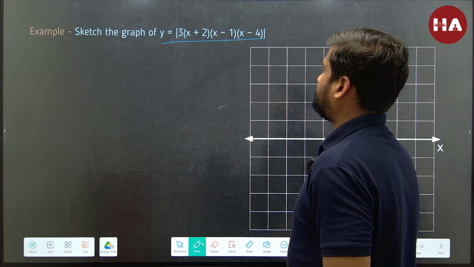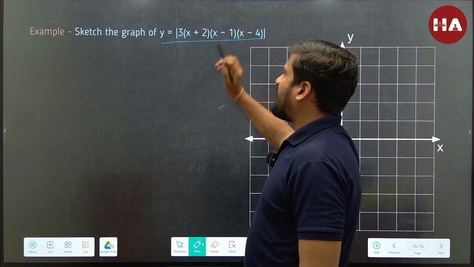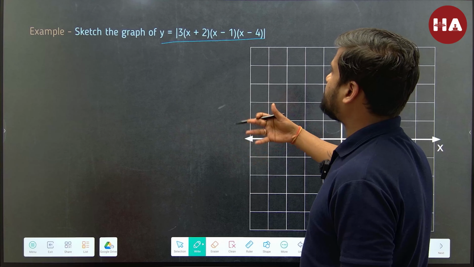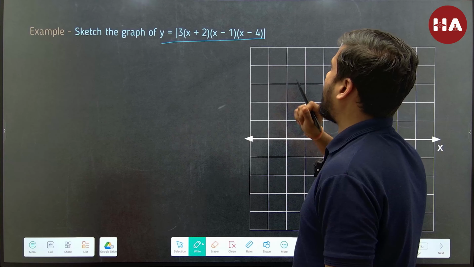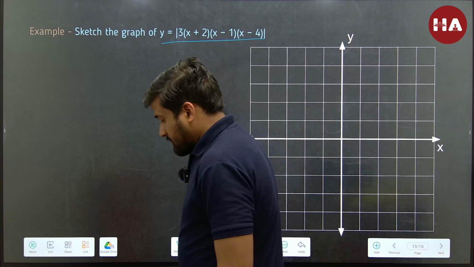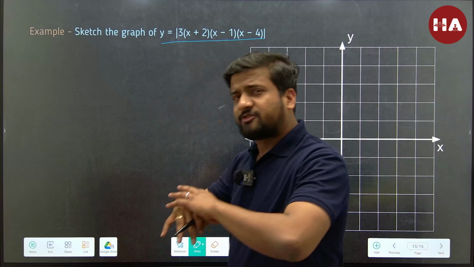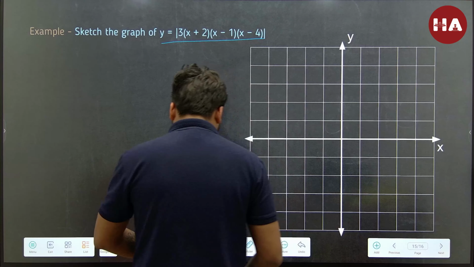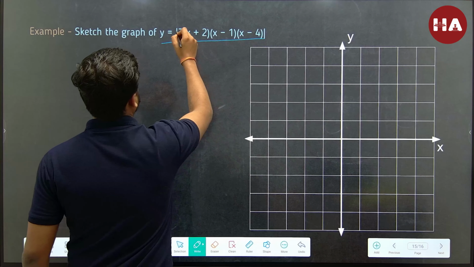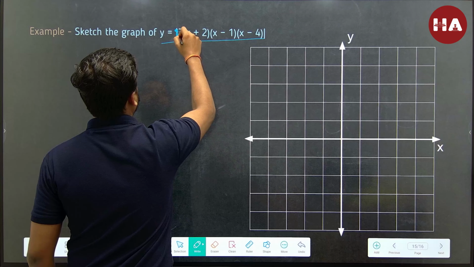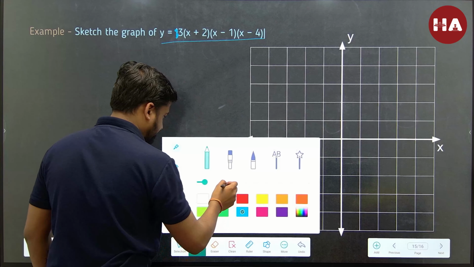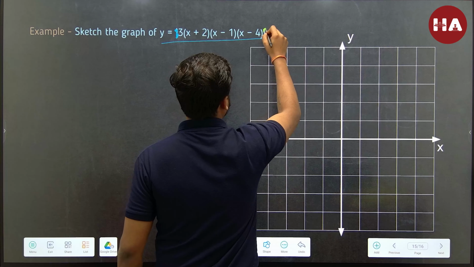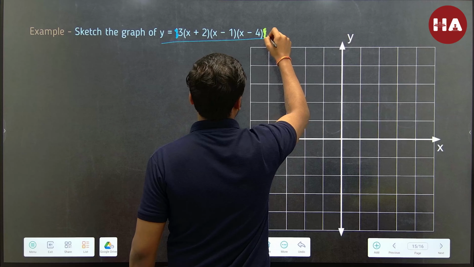So, we have to sketch the graph of y = 3|(x + 2)(x - 1)(x - 4)|. Now, forget about the modulus thing for now. Just erase it from your memory.